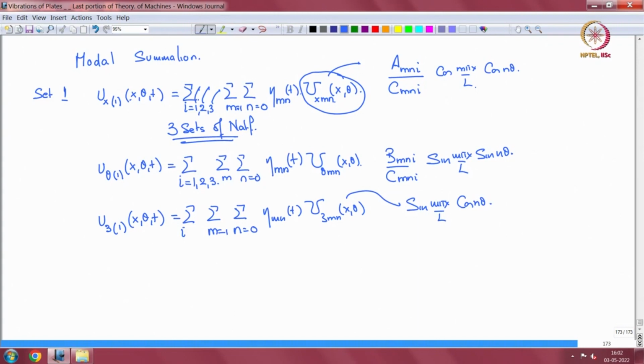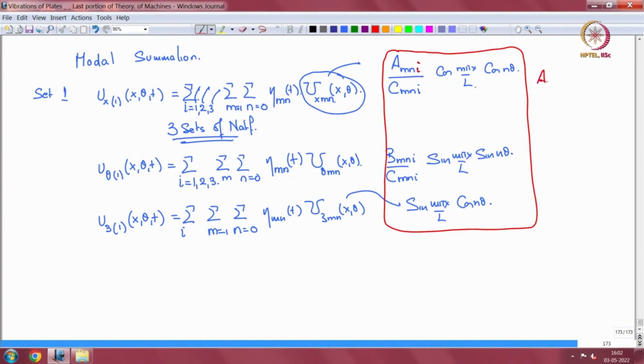Okay, and this together is one mode. If i is equal to 1, this is the axial mth mode. If i is 2, this is the torsional mth mode, and if i is 3, this is the transverse or radial mth mode.